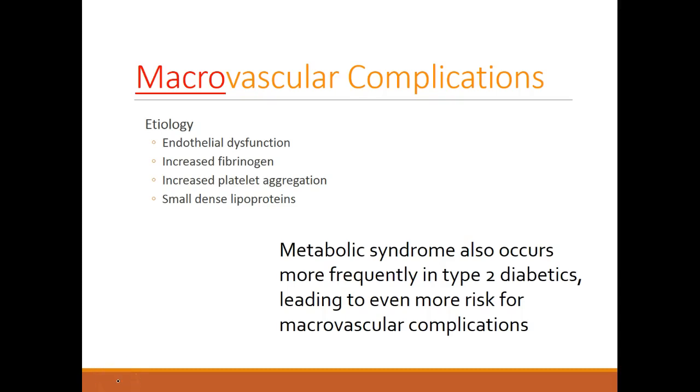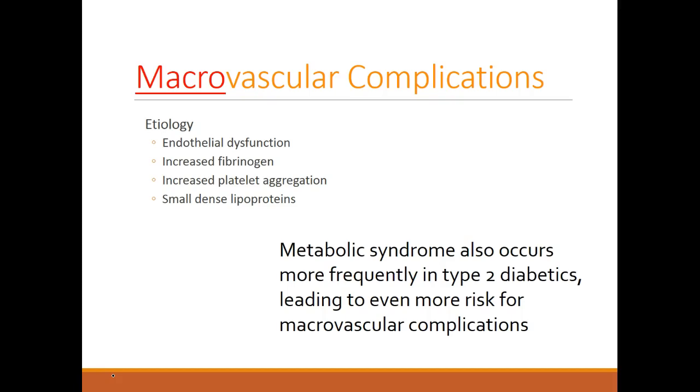Etiology: you're looking at increased platelet aggregation, lipoproteins, also fibrinogen. Another component that plays into this is the metabolic syndrome that unfortunately occurs more frequently in type 2 diabetics, which can lead to even more risk for macrovascular complications.